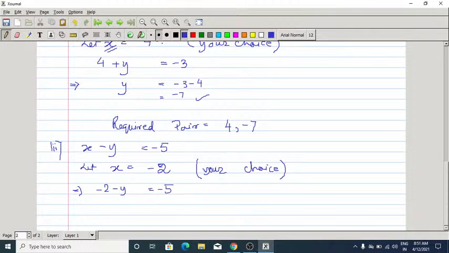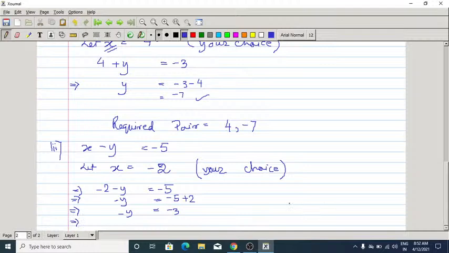The second number you have to find out using the equation. So minus y will be here. So this is minus 5 plus 2, or minus y is equal to minus 3. Okay.